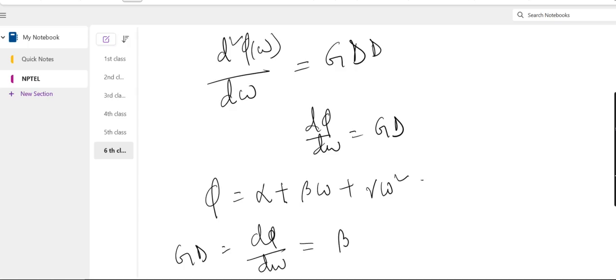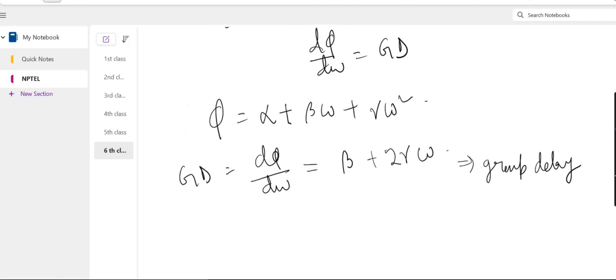That is basically beta plus 2 gamma omega. That is group delay.